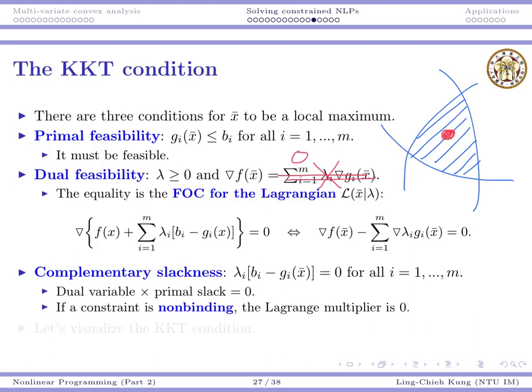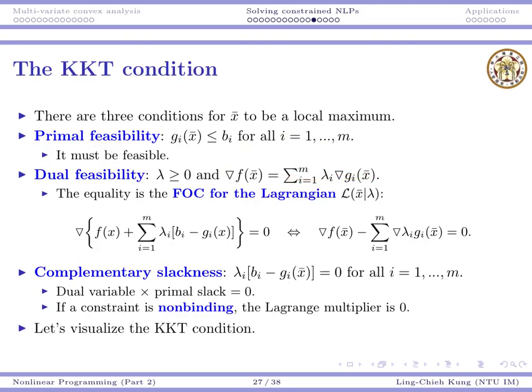For this interior point, if we want it to be a local max, the first order condition must be satisfied. The gradient must be 0, which fits our intuition.